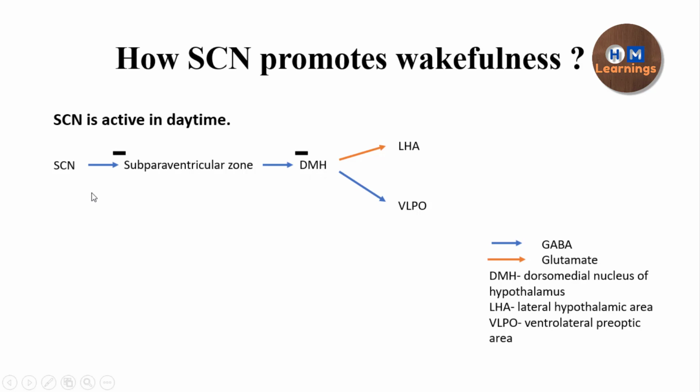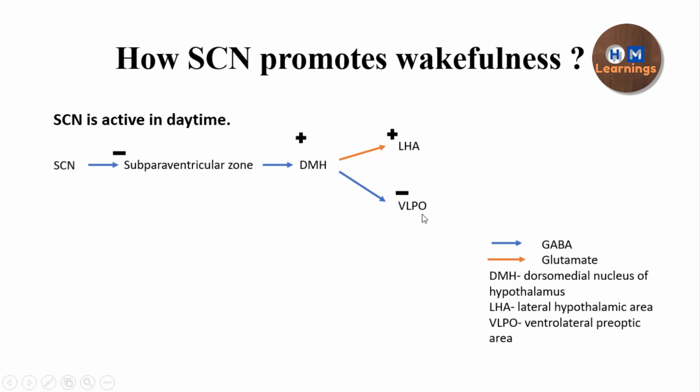So now, because the suprachiasmatic nucleus is active and inhibiting the subparaventricular zone, there will be disinhibition of the dorsomedial nucleus. So now this dorsomedial nucleus is out of inhibition, and it is going to do its function, which is to promote the activation of the lateral hypothalamic area and to inhibit the ventrolateral preoptic area.